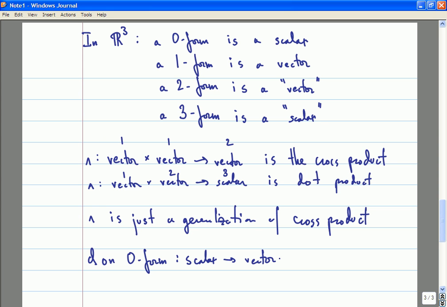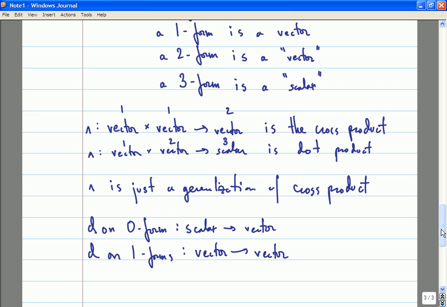Likewise, there's a derivative operator on 1-forms which takes a vector to a vector, and a derivative operator on 2-forms which takes a vector to a scalar. And because we're in 3 dimensions, the derivative operator on 3-forms just gives you 0, because there's no such thing as a 4-form, because there's no completely antisymmetric 4-index object in 3 dimensions.